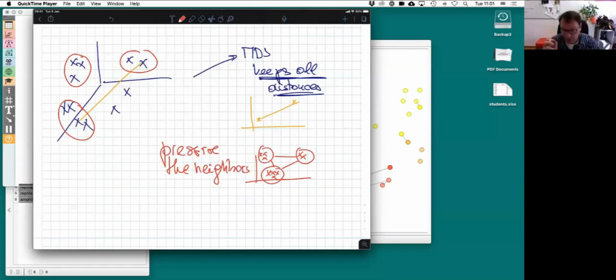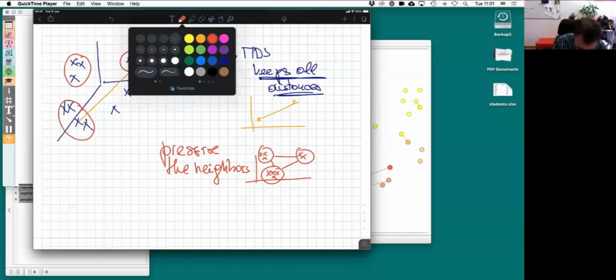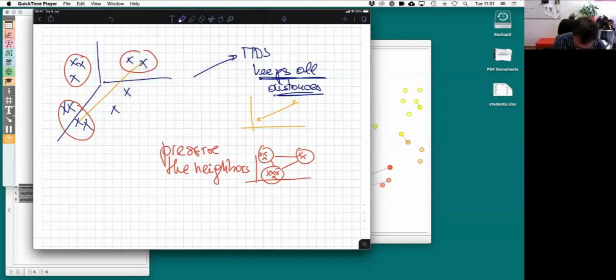That's exactly what we want also with clustering, because with clustering we would like to observe the clusters, the things that are close together. We don't care whether they're far away, but we care if they're close together. And there's a particular algorithm that does that, and it's called t-SNE.